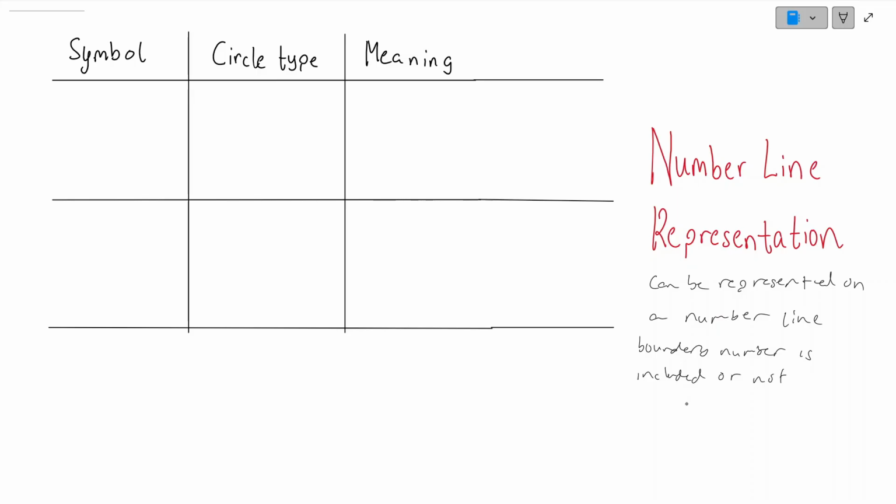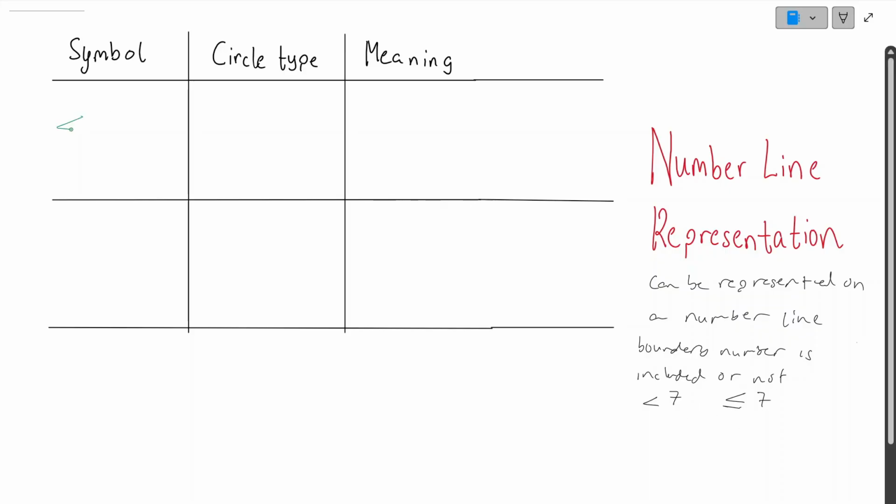What this means is that if we say something is less than 7, then is 7 included there or not? So obviously it depends. If it's less than 7, then 7 is not included. If it's less than or equal to 7, then 7 is included as well, because it can be equal to, based on the inequality sign that we used.